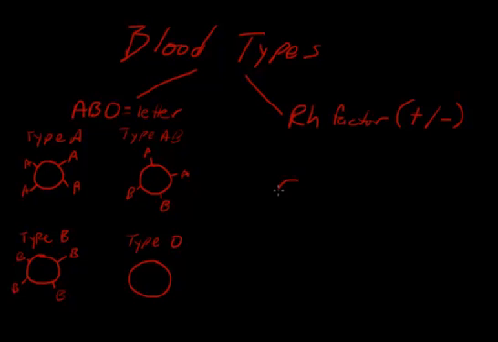So for example, if I have a blood cell that contains both the A antigen and the RH antigen. So here are two antigens on the surface of this red blood cell. Because it contains A but not B, we would refer to this as a type A red blood cell. And because it is positive for the RH antigen, it possesses RH, it would be an A positive red blood cell.